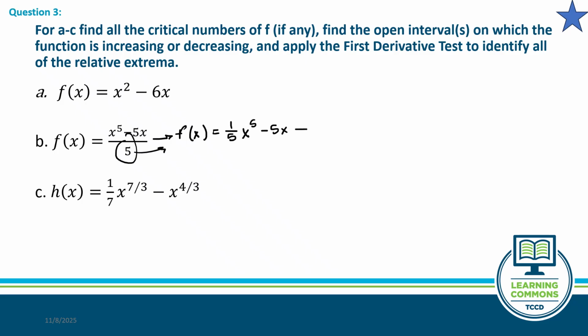Which then would give me the first derivative of x to the fourth minus 1. To find critical values, or critical numbers, excuse me, put that up here, set it equal to 0 and solve.